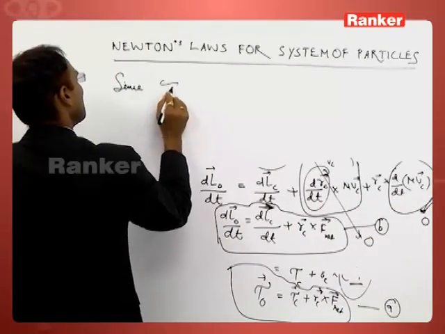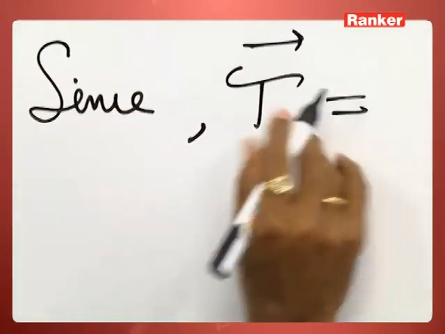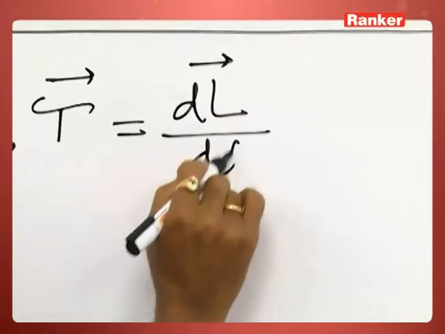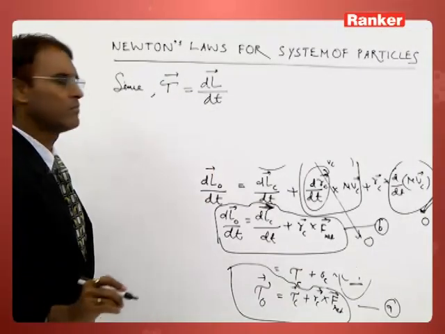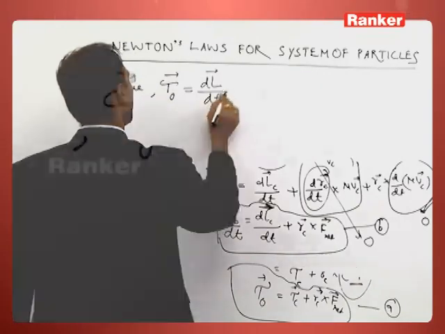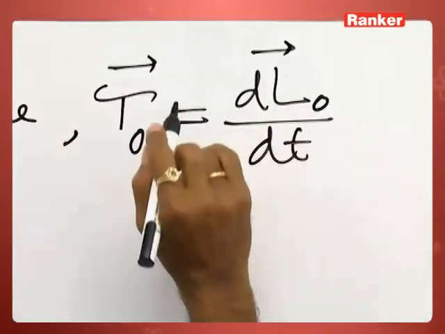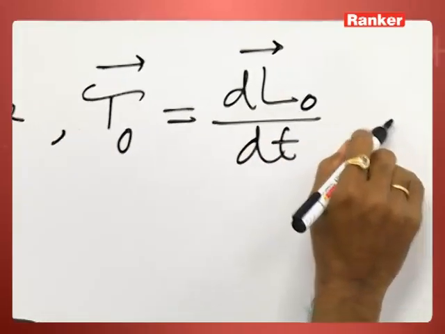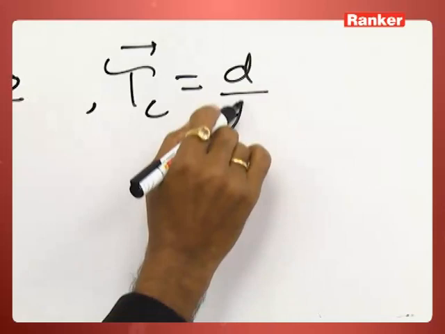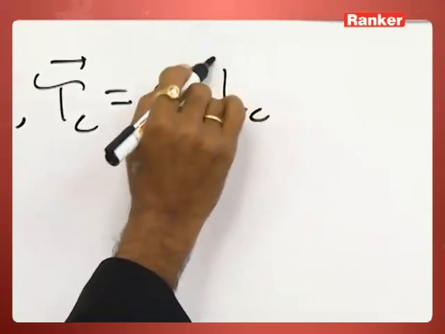Since torque is equal to the rate of change of angular momentum for any reference point, we can write tau O equal to d by dt of LO. Tau C is equal to d upon dt of LC.